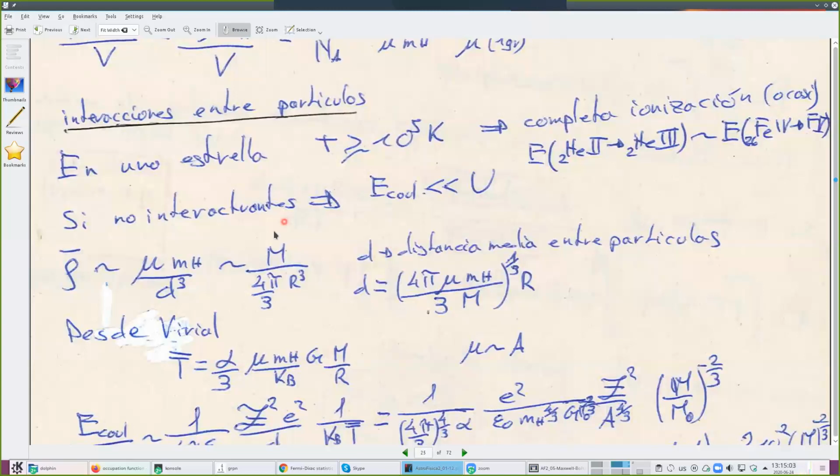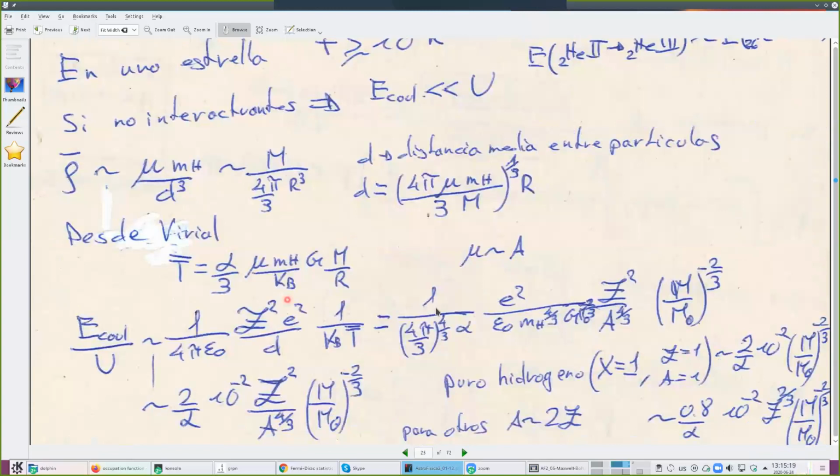So if you needed to consider interaction, the Coulomb energy must be comparable to the internal energy.